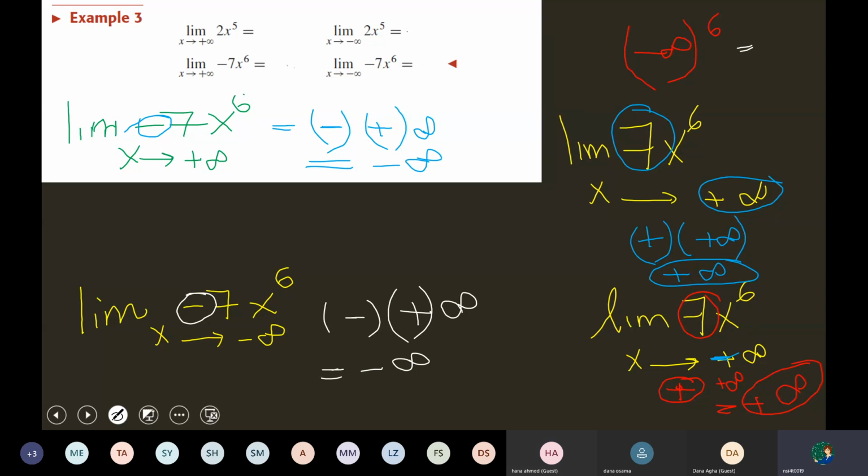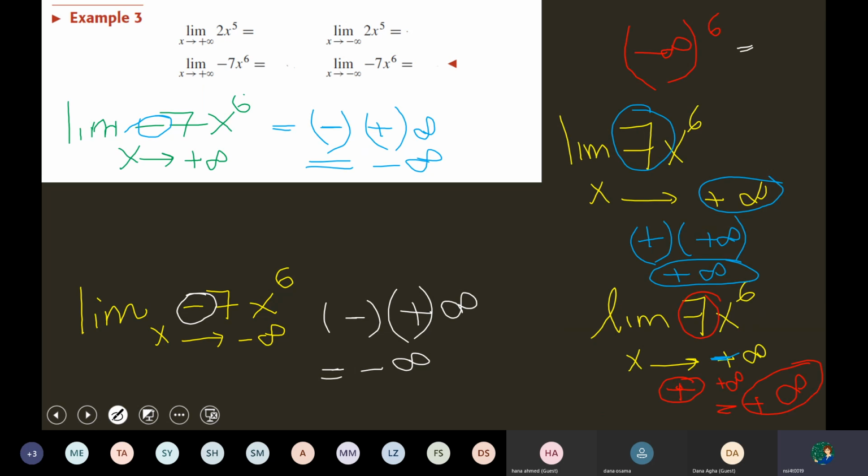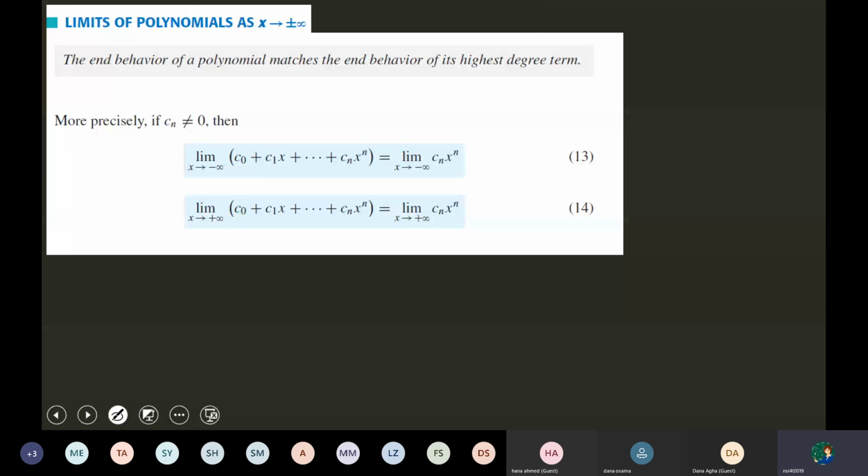Now, when I'm talking about the limits of x raised to n when x approaches negative or positive infinity, this is like monomials. Now I'm talking about polynomials. Polynomials don't mean only x raised to the power 5.